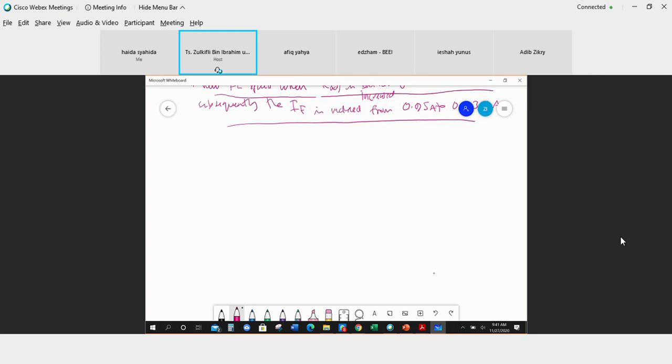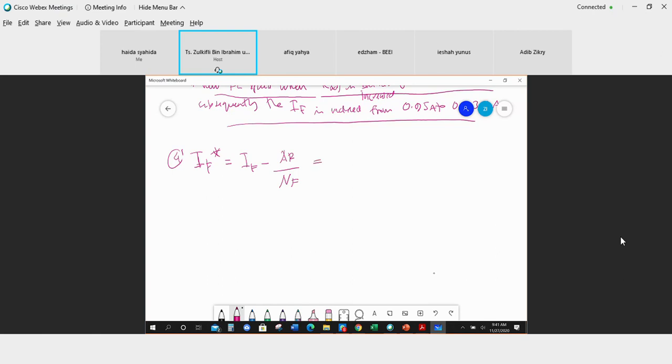So to include the armature reaction, you need to find new IF, so which is equals to your effective IF. So your IF minus the ampere turn atau the armature reaction PAR bahagi dengan number of turns, the turns NF, the number of field turns.